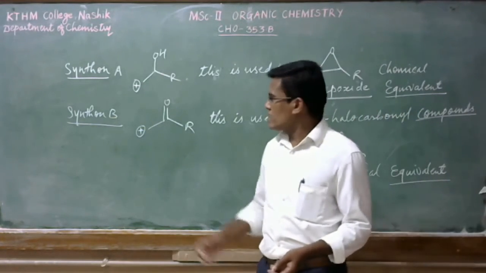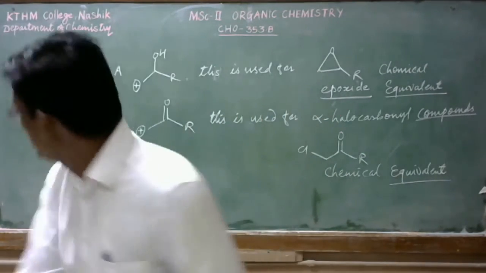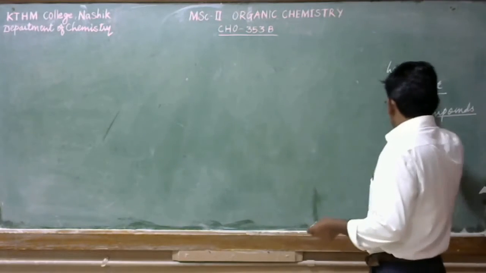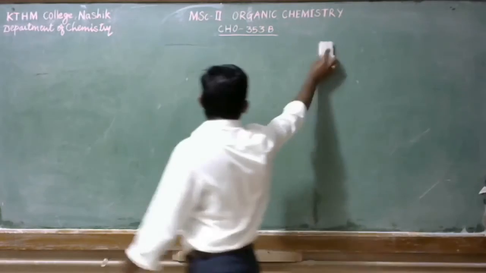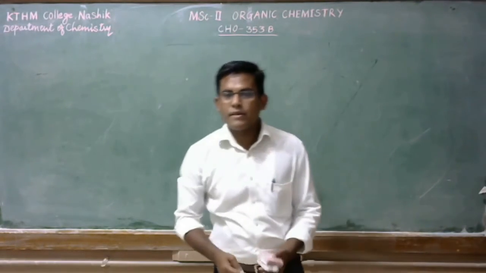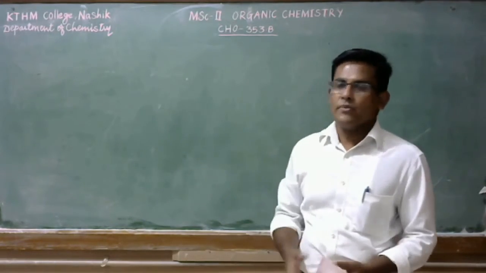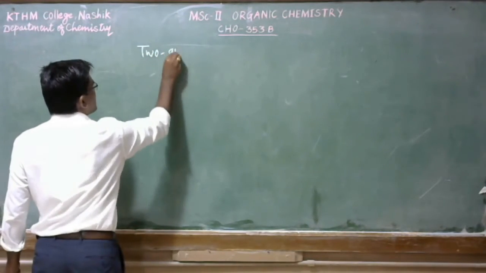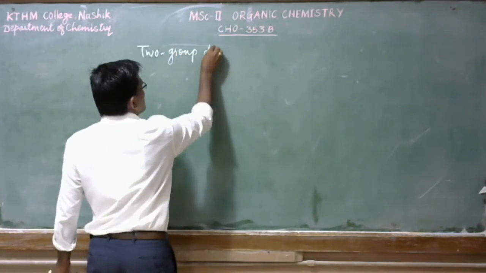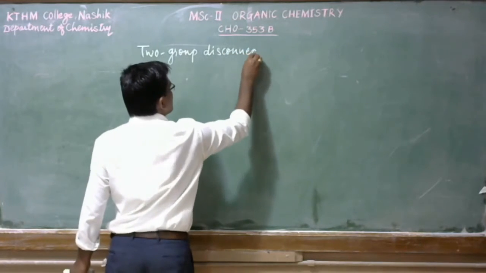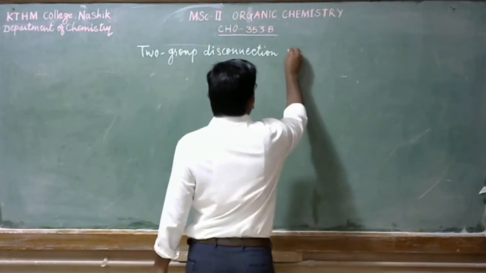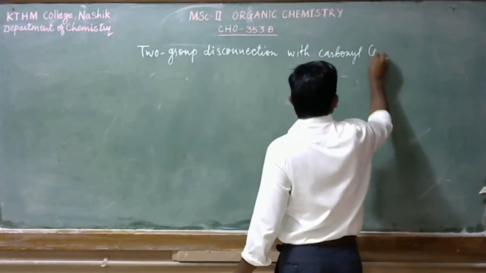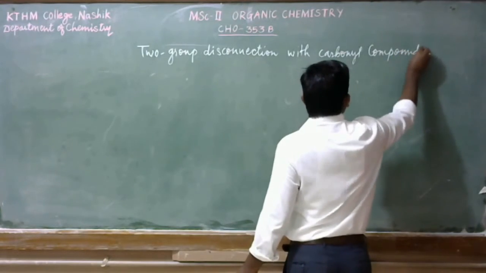So let us have the example which involves the synthon B. So this is the two group disconnection with carbonyl compounds.